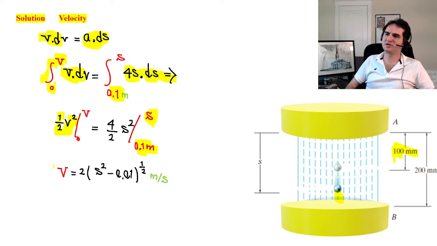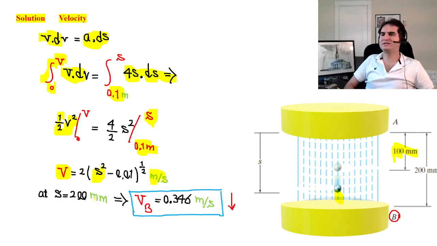And it gives us the velocity as a function of displacement, in meters per second. When s is equal to 200 millimeters, based on the problem statement, it gives us a downward velocity at B equal to 0.346 meters per second downward.